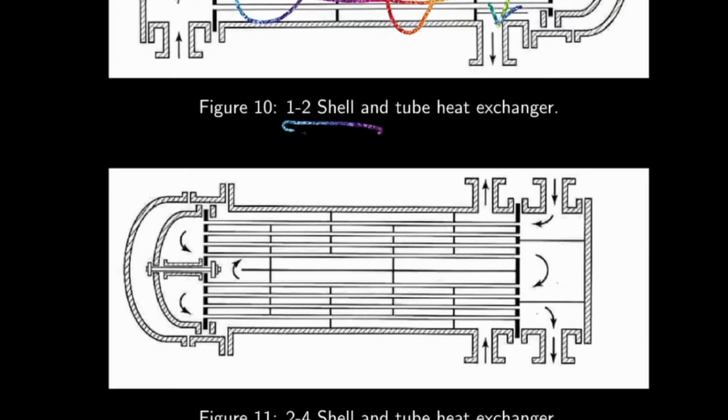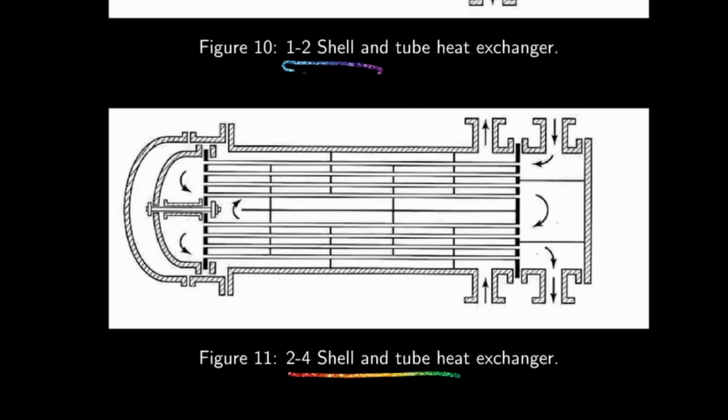Compared to that, in the 2-4 shell and tube heat exchanger, you can see that the liquid on the shell side also makes 2 passes, meaning that it goes from here to there, through here, and again another pass and going out.